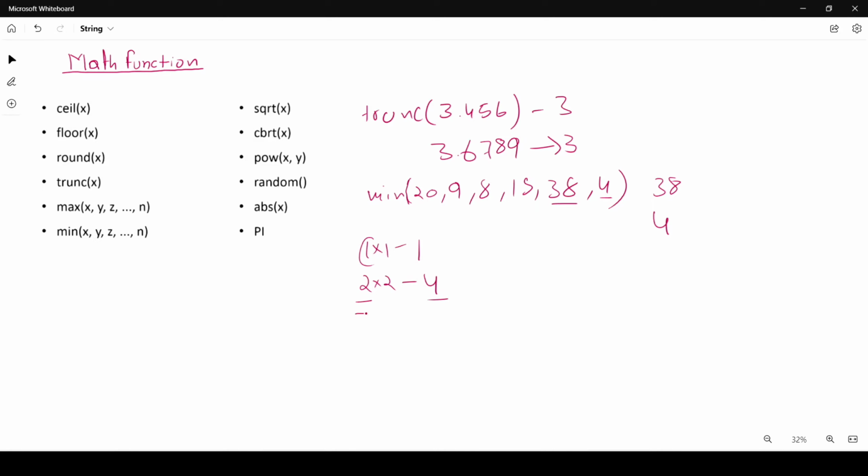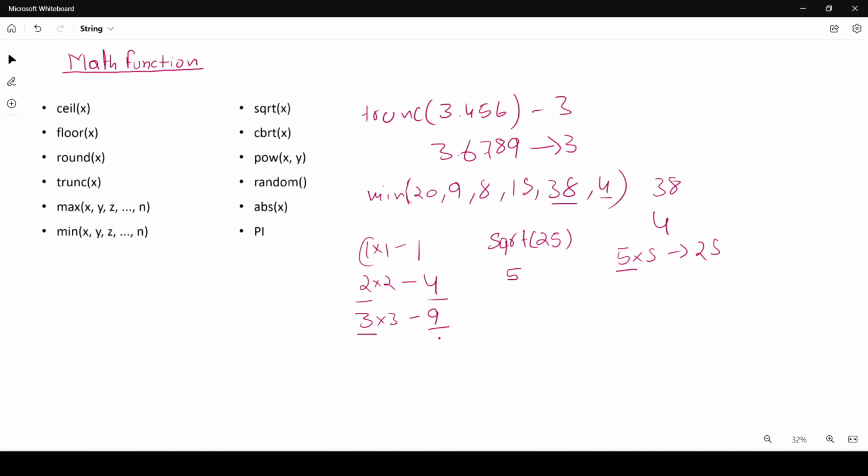Similarly we have 3 into 3, which is 9, and the square root of 9 is 3. If we provide sqrt, and here we provide 25, then it is 5 into 5, which is 25. Now the square root of 25 is 5. It will give us 5.